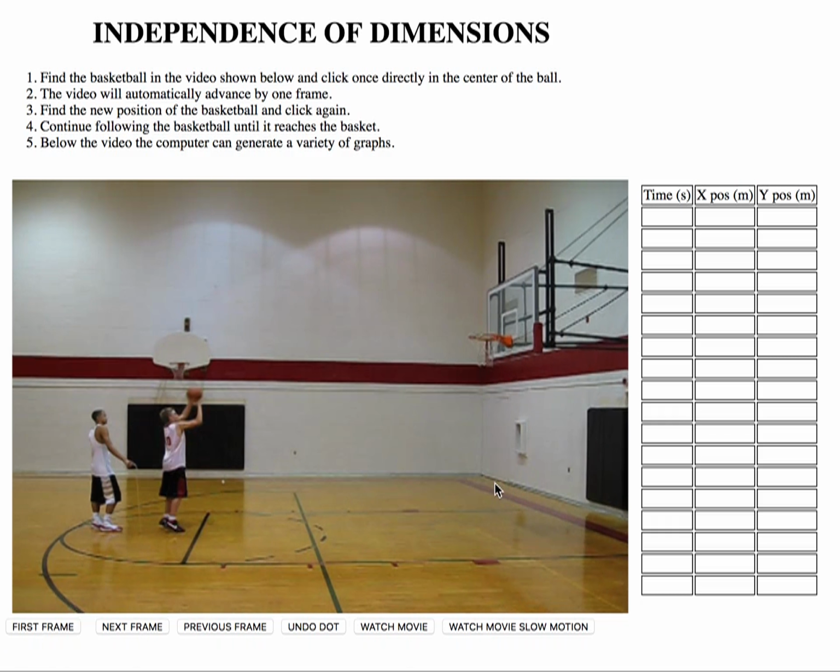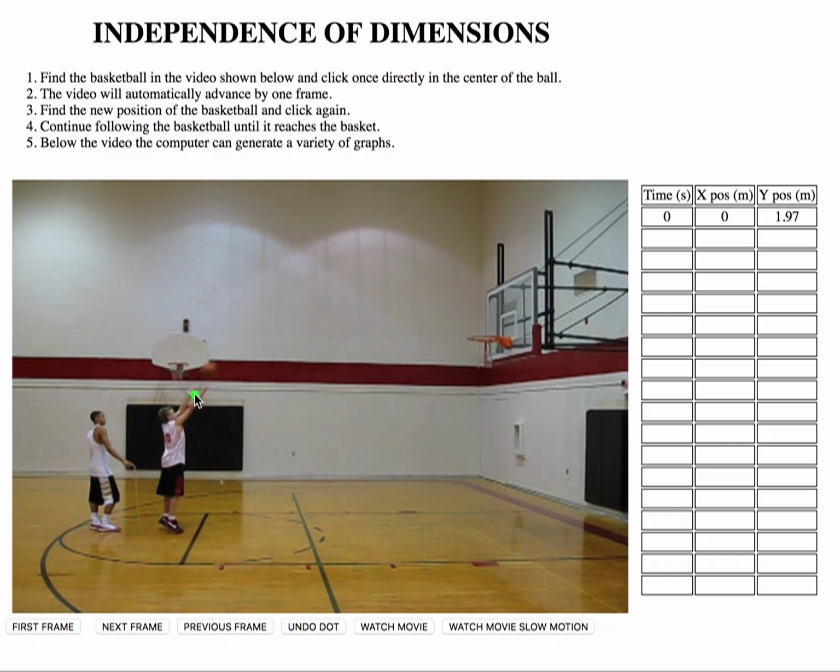All that I need to do on the computer is click on the basketball. So I'm going to take the mouse and go to the center of the basketball, and I'm going to click. Notice this leaves a bright green dot. My data table just recorded some information.